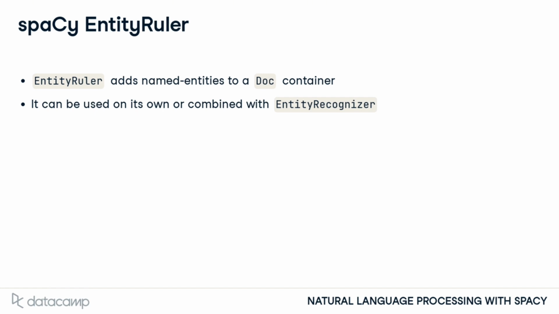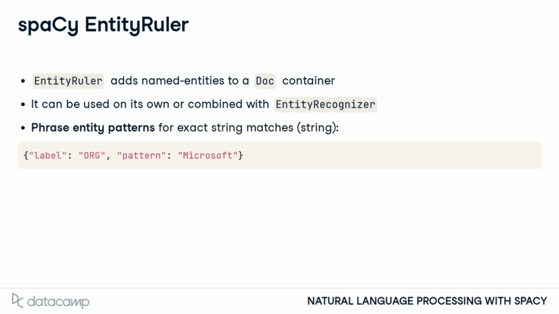The entity ruler accepts two types of pattern: phrase entity and token entity patterns. A phrase entity pattern is used for exact string matches. For example, to exactly match Microsoft as a named entity with a label of ORG, we can use an entity pattern dictionary with a label equal to ORG for organization and the pattern set as Microsoft.